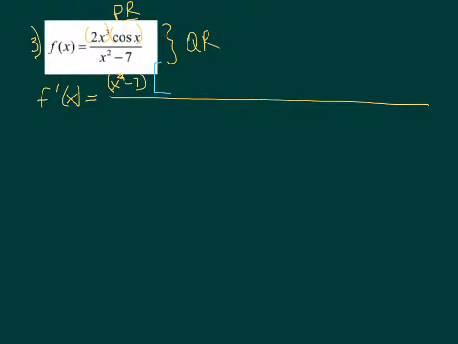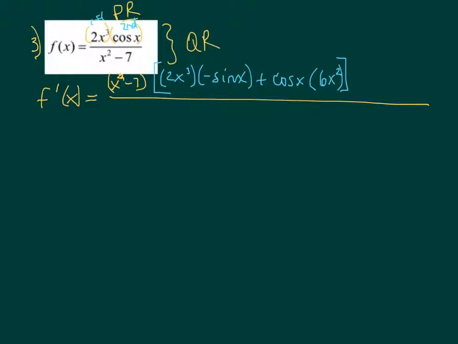Okay, so this is our first, and this is our second as far as in the product rule. So we have first, which is 2x to the third, times the derivative of the second would be negative sine x, plus second is cosine x, times the derivative of the first would be 6x squared.